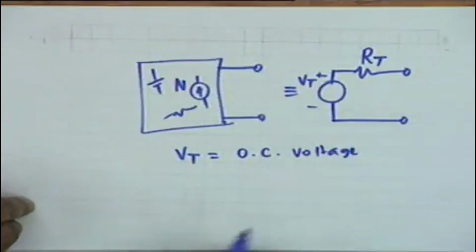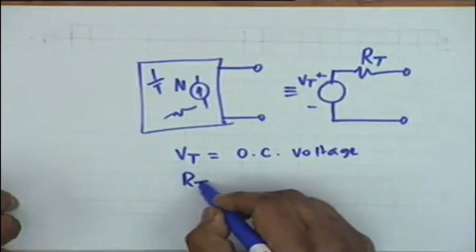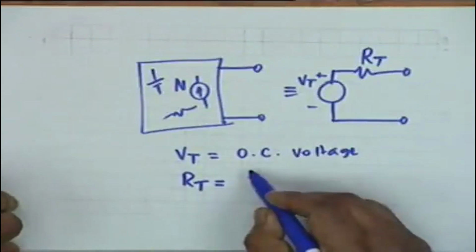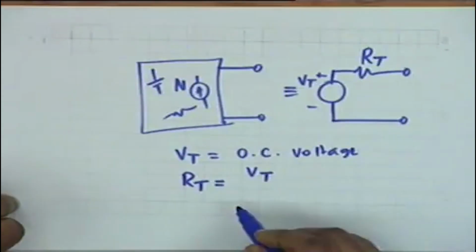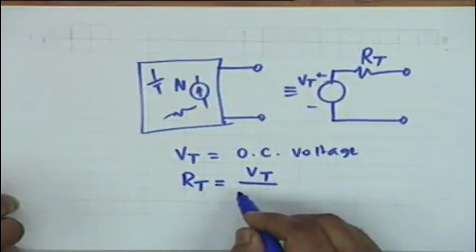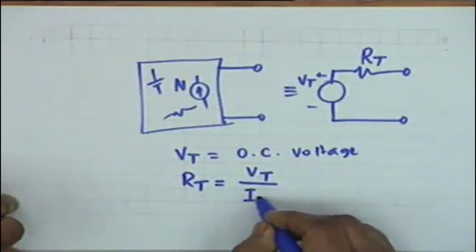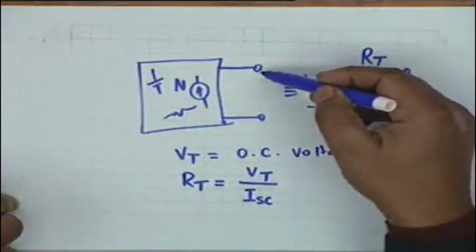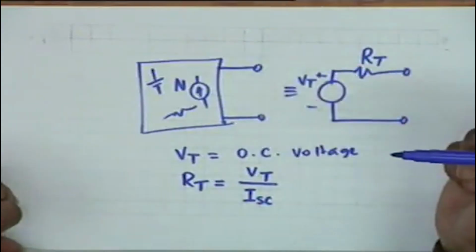That is, when it is not connected to any resistance, the resistance is infinite between the two terminals, the voltage that appears across this is Vt. And Rt is the ratio of Vt to the current that flows when these two terminals are short circuited.